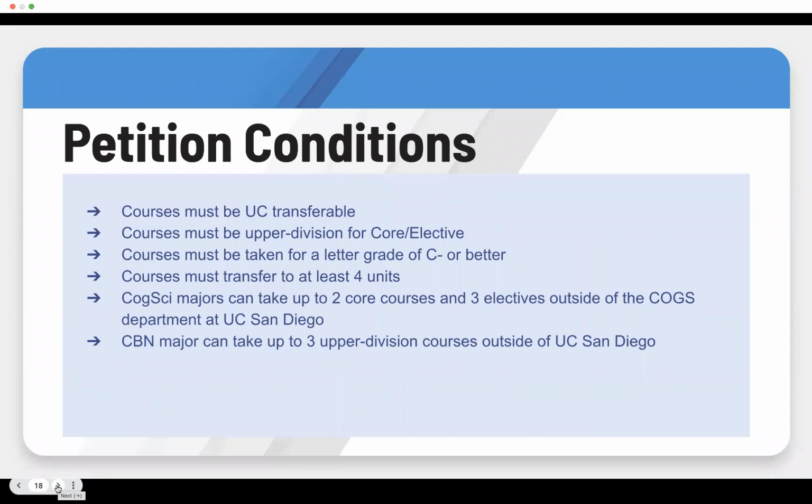For students who major in CogSci, they can take up to 2 core courses and 3 electives outside of the Cogs department. For students who major in Cognitive Behavioral Neuroscience, which is a joint major between the Cogs department and the Psych department, they can take up to 3 upper division courses outside of UC San Diego.